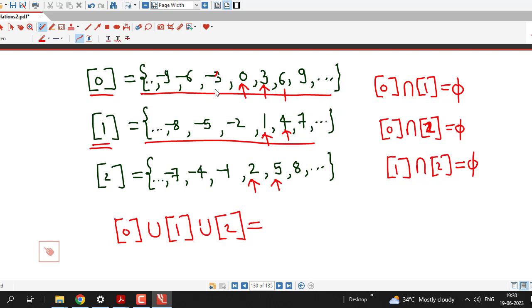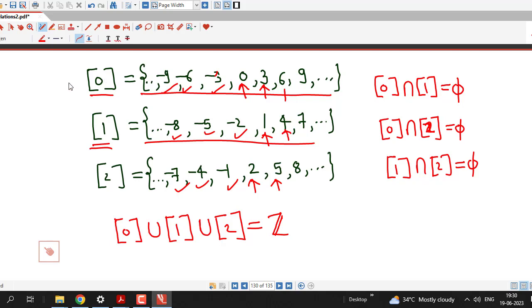And in the negative direction, 0, then minus 1, minus 2, minus 3, minus 4, minus 5, minus 6, minus 7, minus 8, minus 9. So you can observe that if we take the union of these three sets, we will obtain the set of integers.